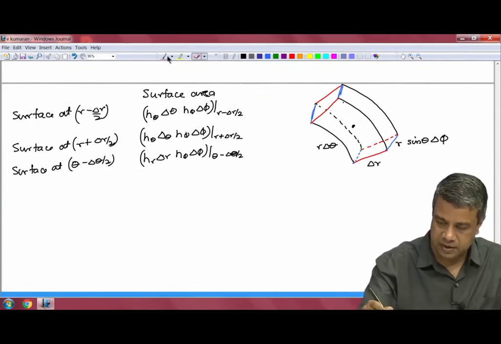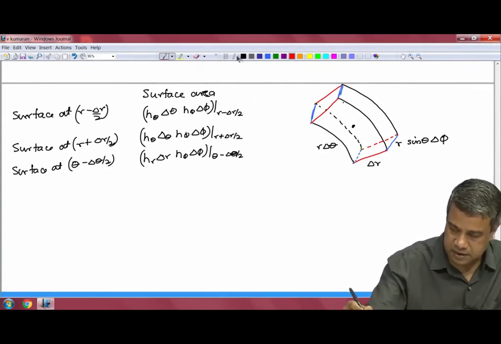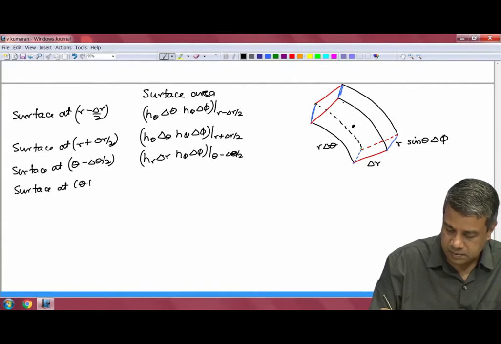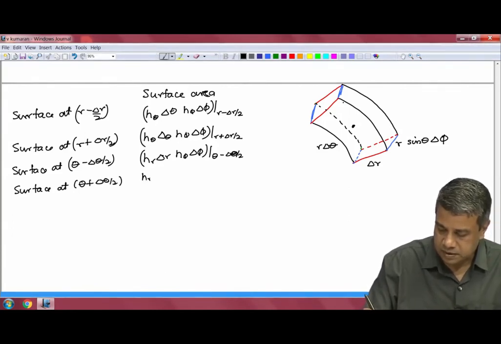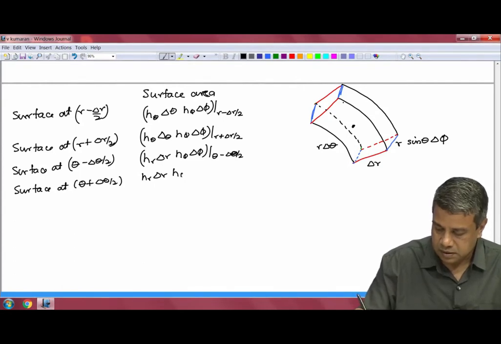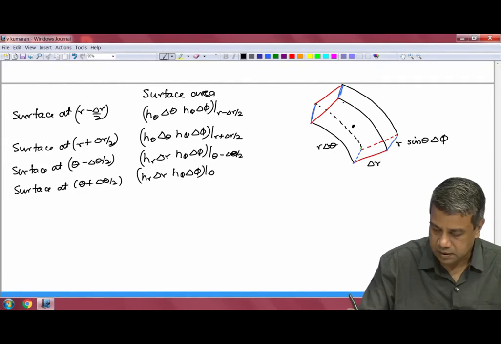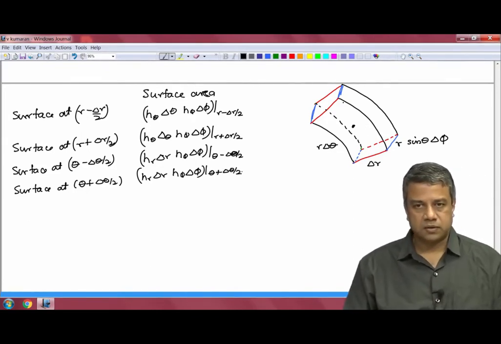Similarly, the surface at theta plus delta theta by 2 is h r delta r h phi delta phi at theta plus delta theta by 2. Those are the two surfaces perpendicular to the theta direction.